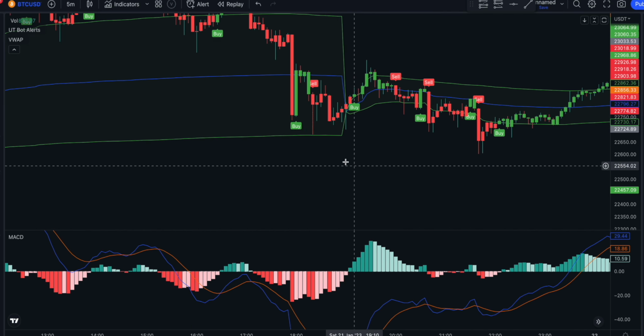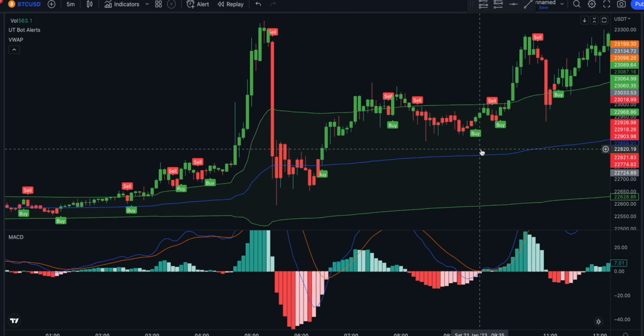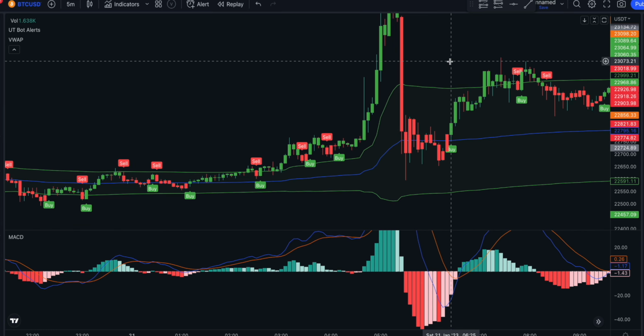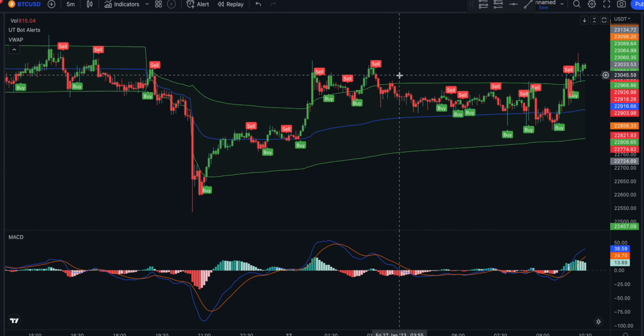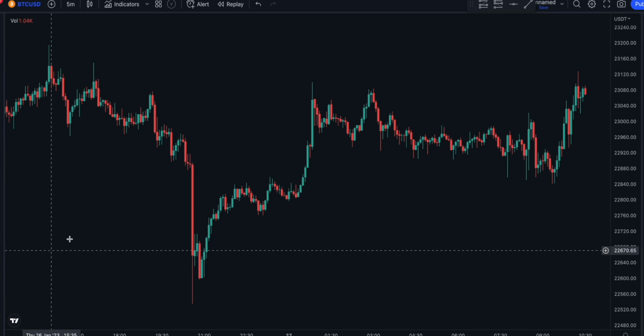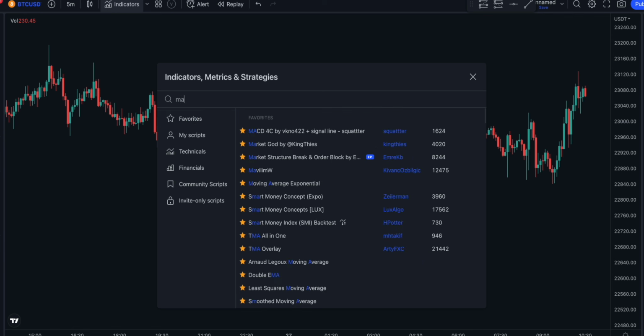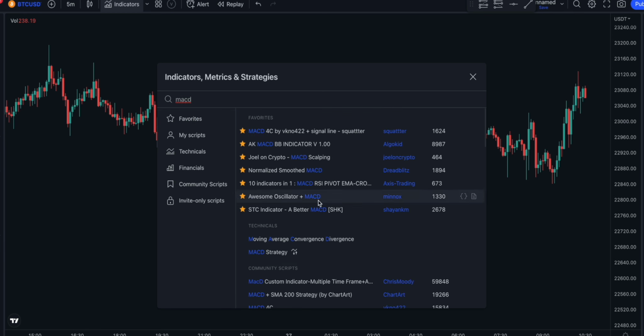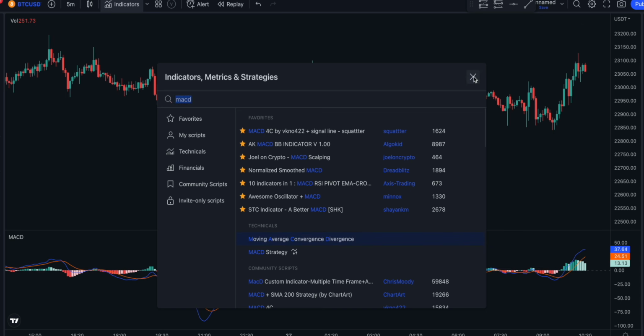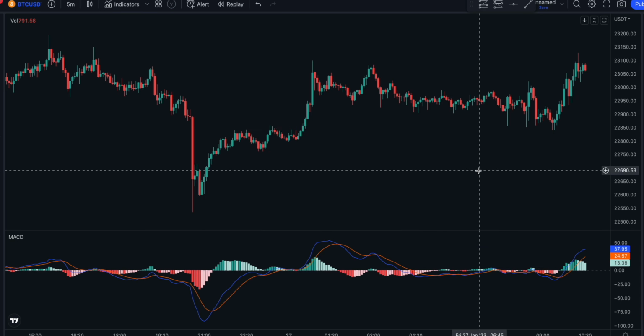So how exactly should you add these indicators to the chart? Well, first log into TradingView and open the chart of any asset. Then head over to the Indicators menu and search for the first tool, which is called Moving Average Convergence Divergence. You can find this indicator under Technicals. Leave its settings on default.